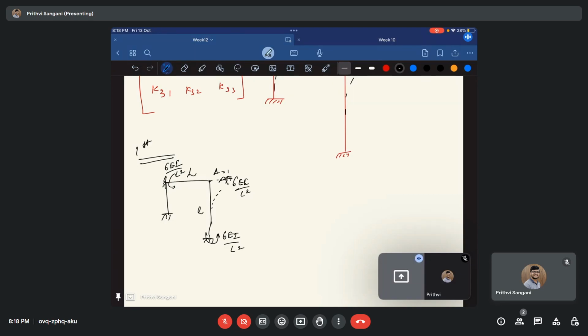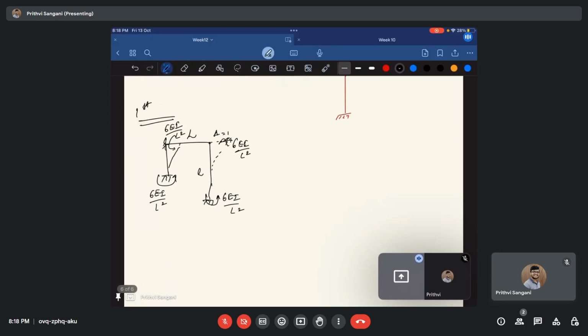Anyway, this is H and this is H, so that is fine. This is 6 EI by L square, and this is 6 EI by L square. So what is going to happen here? I'll just draw it again.